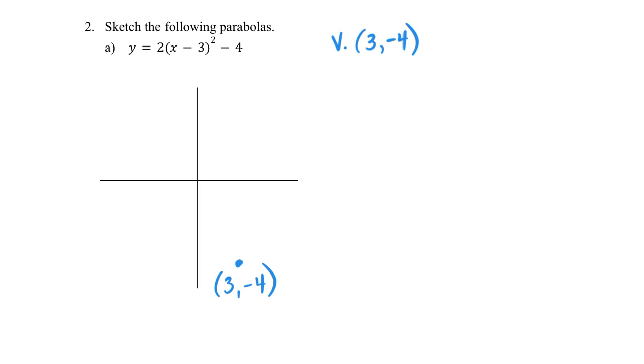Okay, here we go. Step 2 says find the y-intercept. So I'm going to find my y-intercept by subbing in an x value of 0. When I do that, I now get y equals 2 times -3 squared minus 4. Okay, -3 squared is a -9 times 2 is a -18.